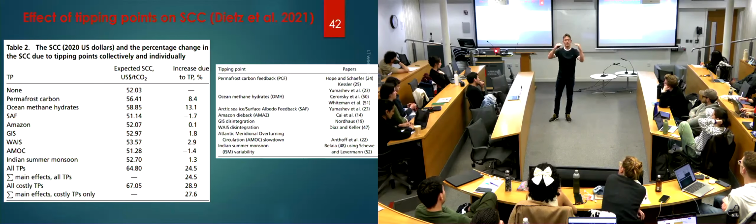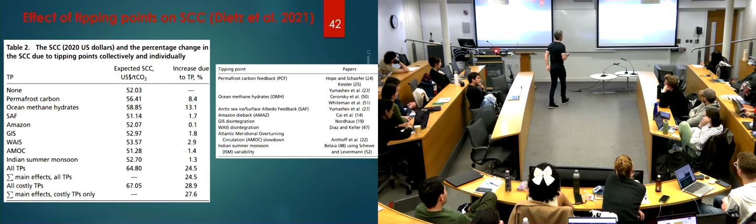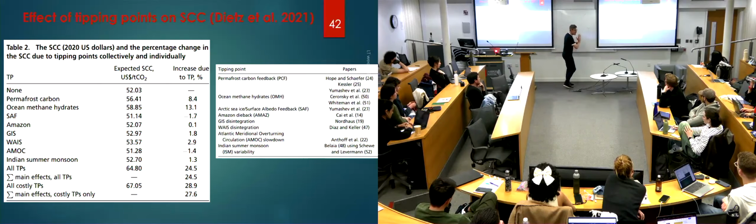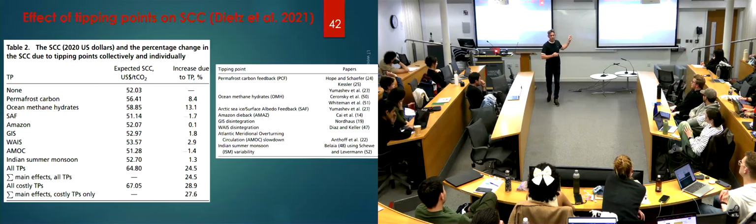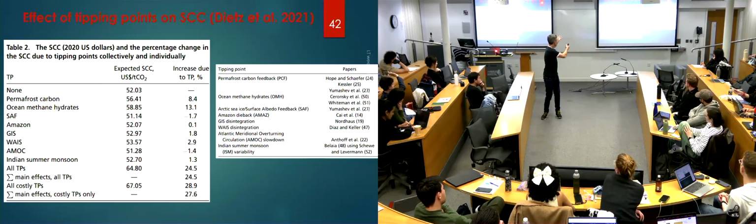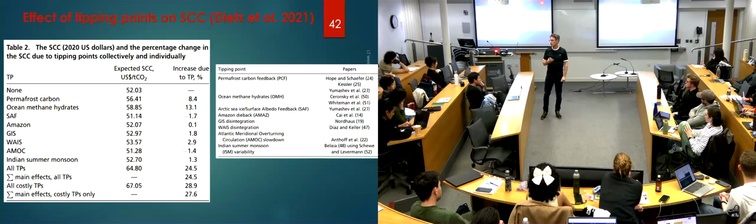You get several degrees extra. And it's obviously irreversible because you're not going to bring it back. But it comes late, and therefore you get a 13% increase of the social cost of carbon. So the conclusion here is tipping points are very bad. And then you can make a model and try to put numbers on that.